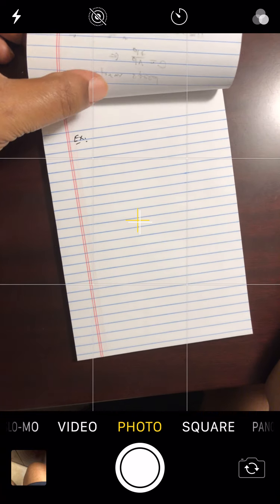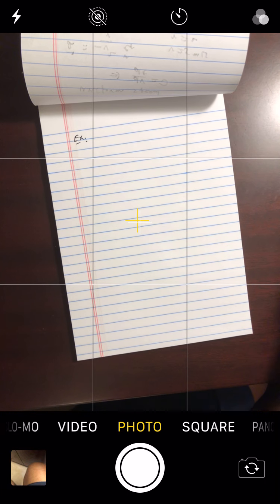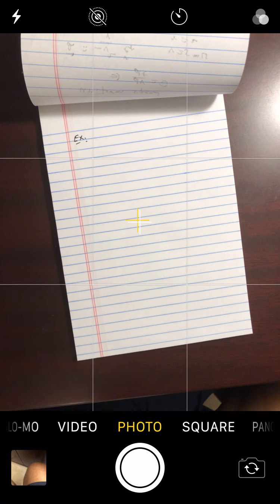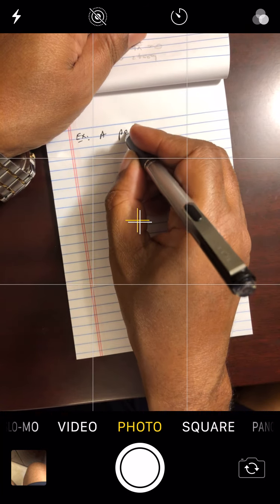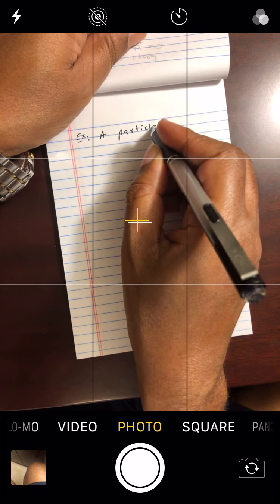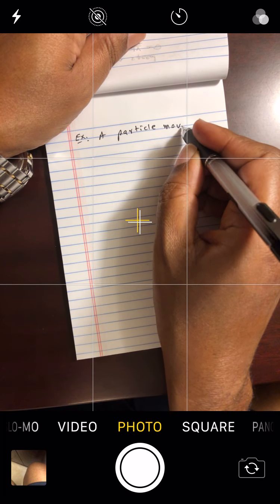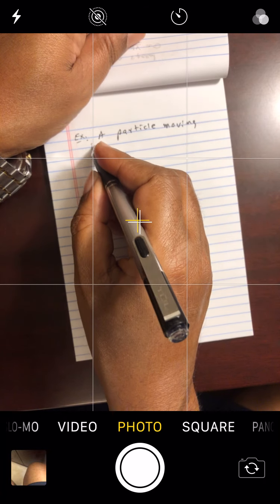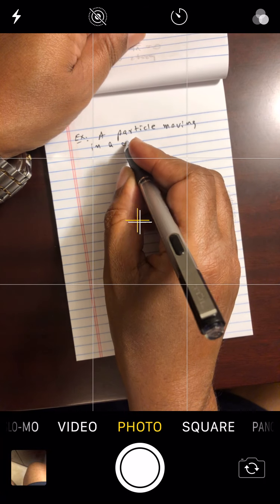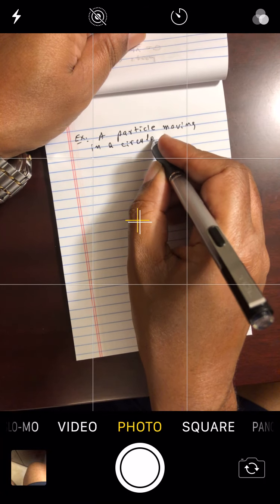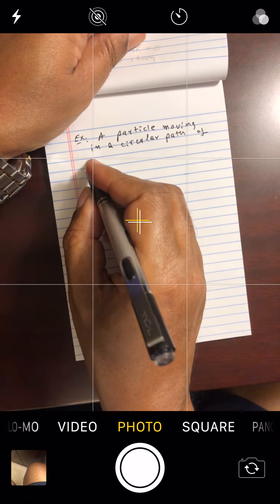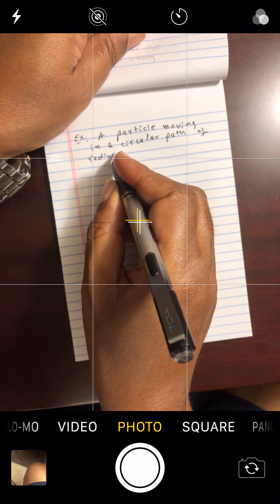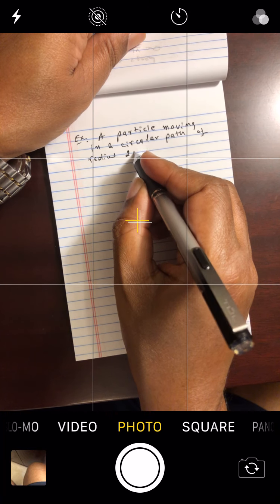Example. Again, let's say we have a particle moving in a circular path, let's say of radius 2 meters.